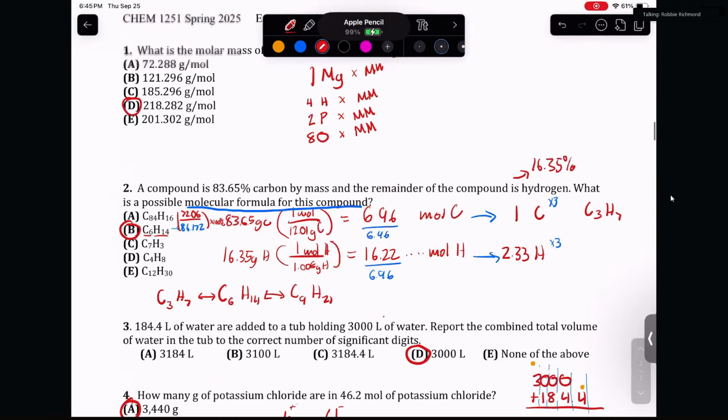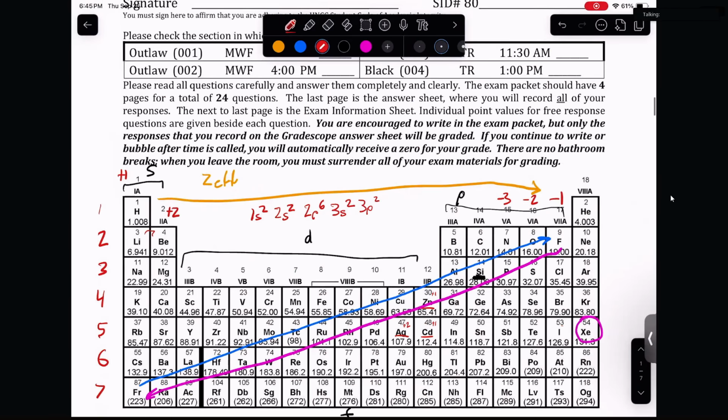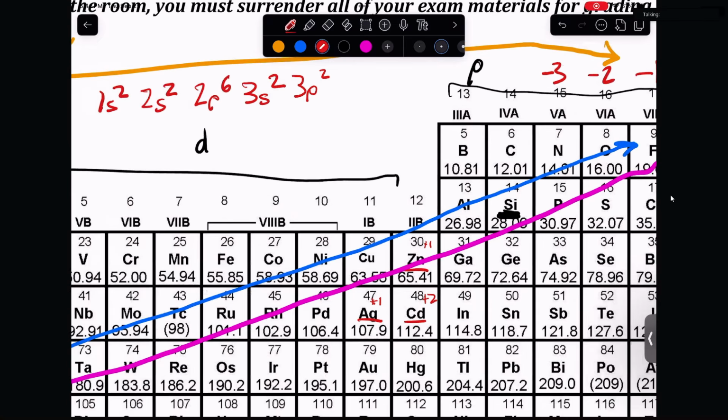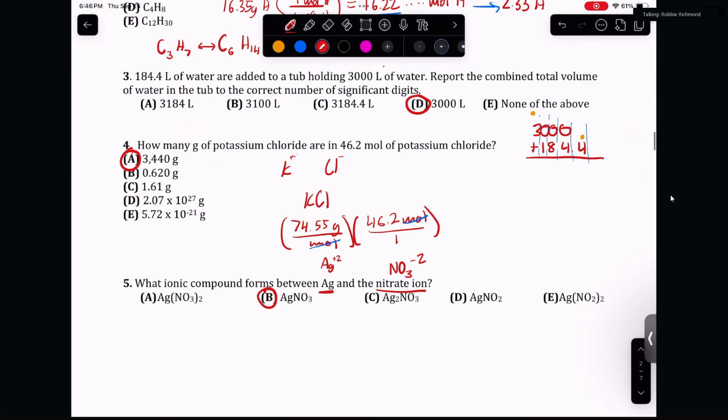Wait, this feels wrong. Oh. I'm so sorry, folks. I was right about nitrate being a -1 charge. Silver is a plus charge. Nitrate's negative charge. Let me triple check that actually.